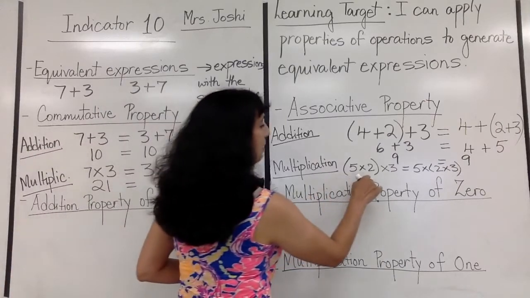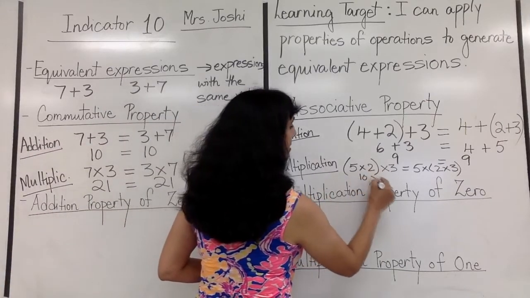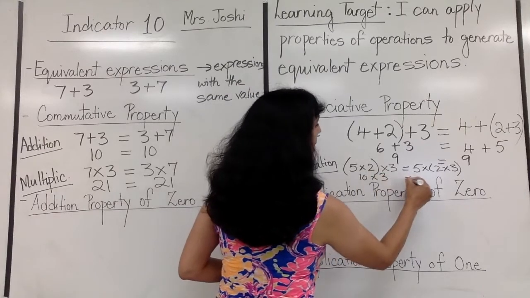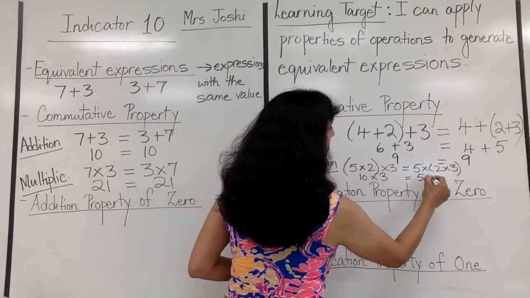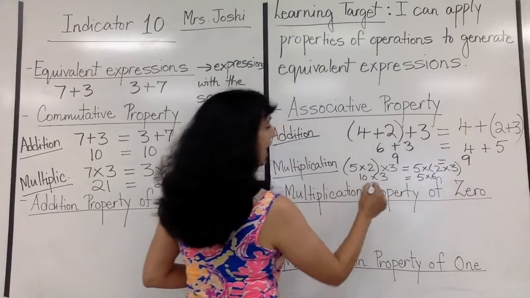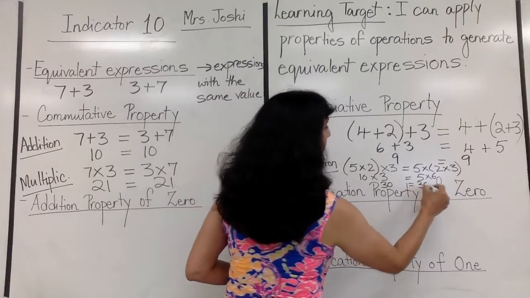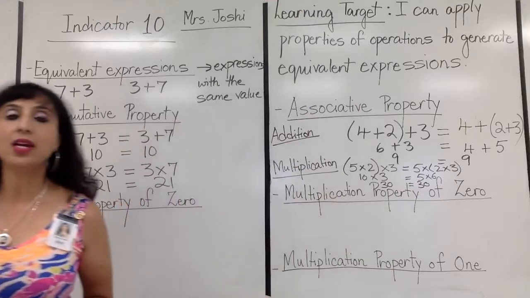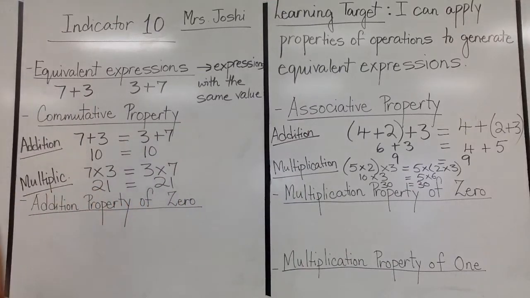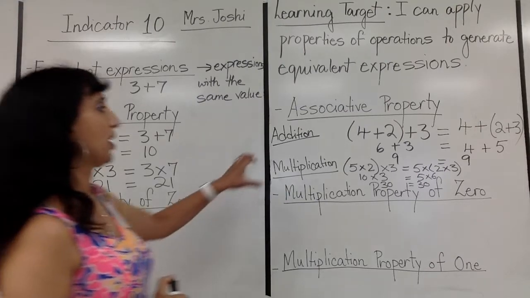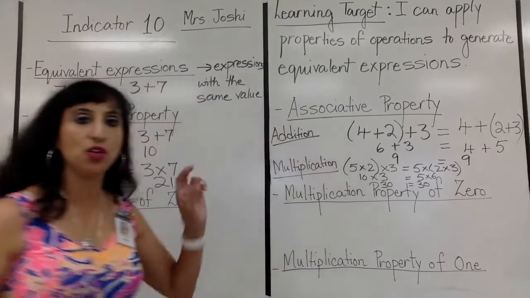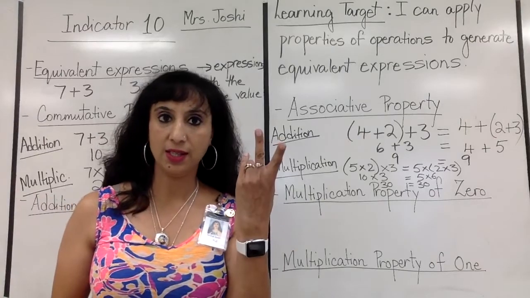So 5 times 2 is 10 times 3, or I can do 5 times (2 times 3 is 6), and in both cases, I end up with 30. Okay, so the order again in how I'm grouping these does not change the sum or the product in the associative properties. This is commutative, is just flipping it.